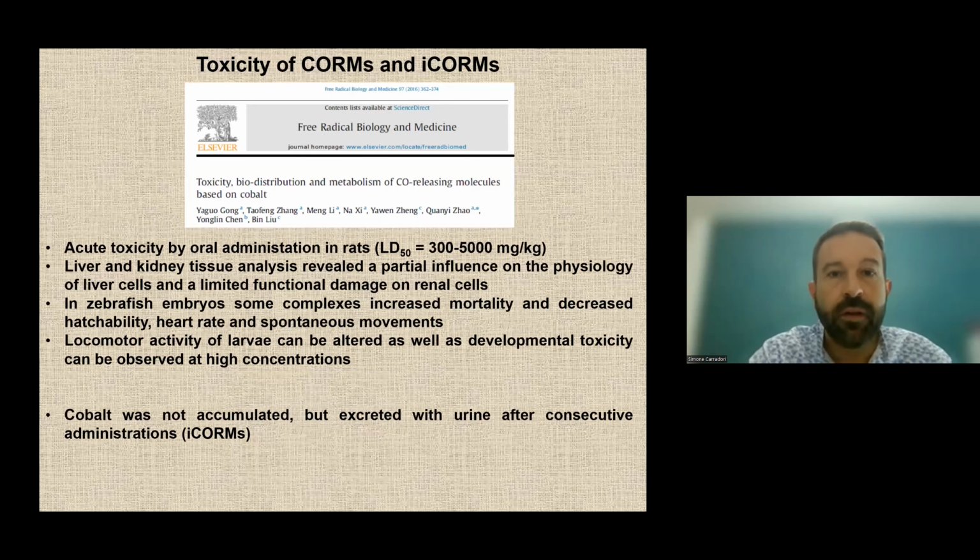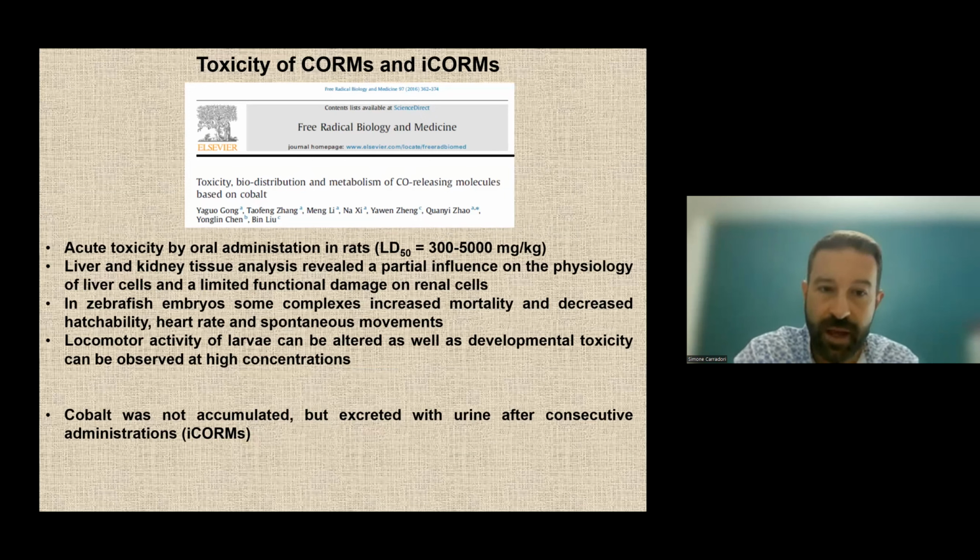There was a very important paper in 2016 regarding the toxicity of these cobalt-based CORMs, because when we think about metals or ions present in a therapeutic agent, we have to evaluate their toxicity.